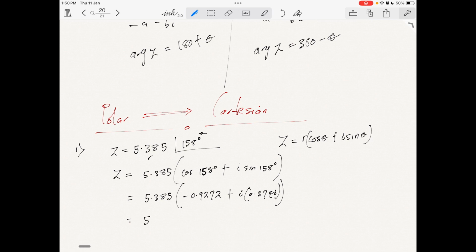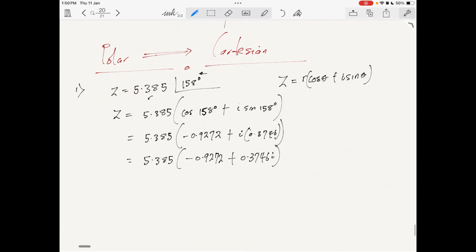Now this will give us 5.385 into minus 0.9272 plus 0.3746i. Now we open the brackets.